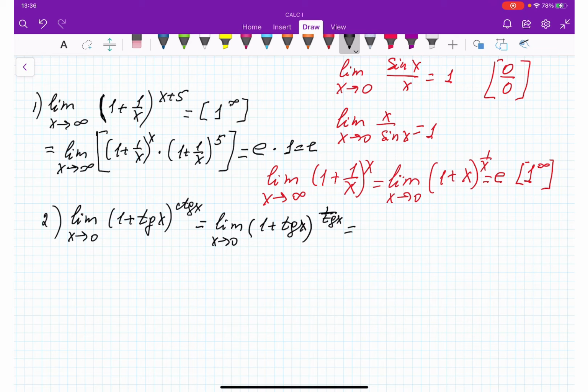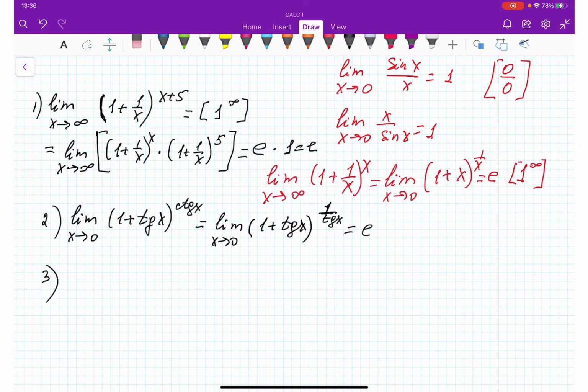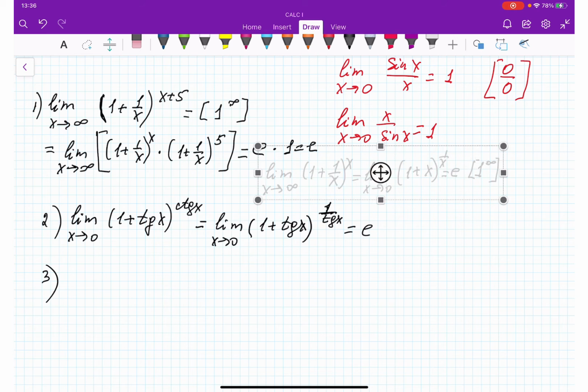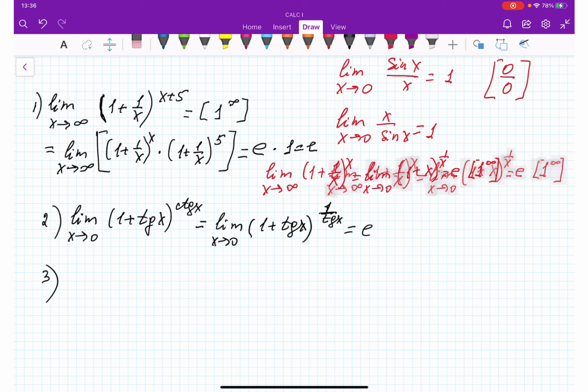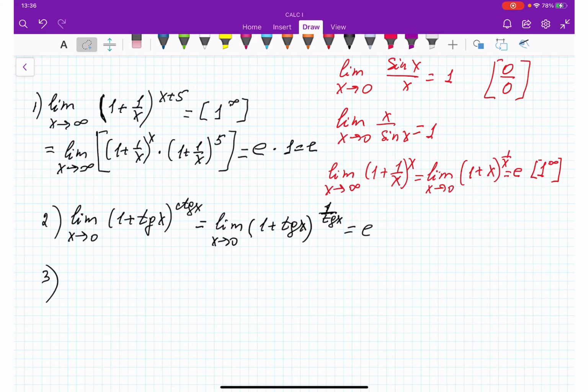And that's equal to e. Okay? Another one. I'm showing you elements that you can see in the problems here and there, so you can recognize them right away. I'm showing you the elements that you can meet in any problem. Okay.